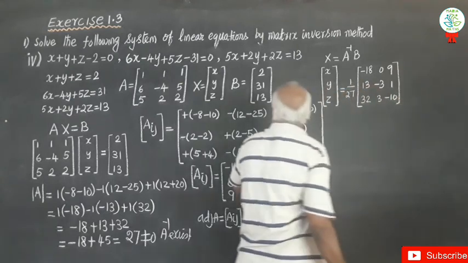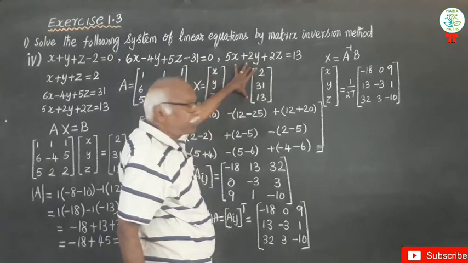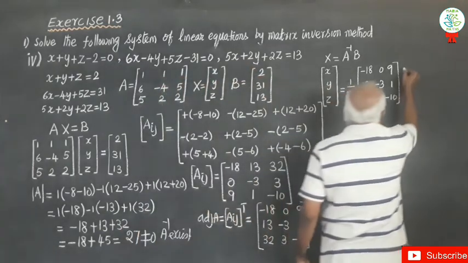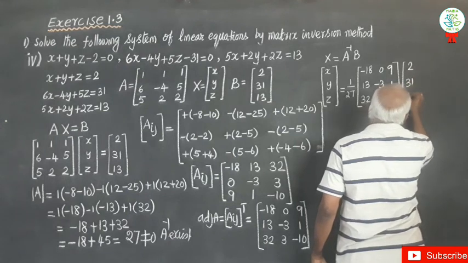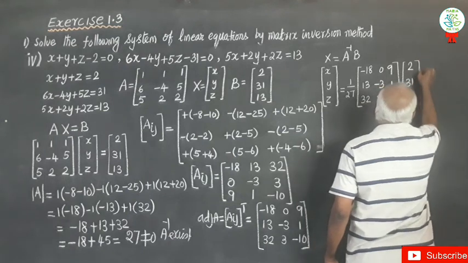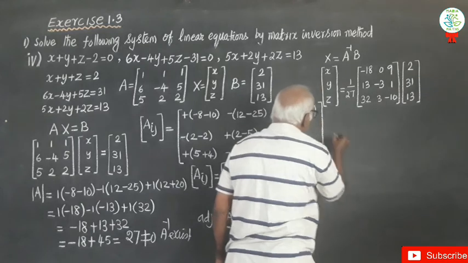Then multiply by the constant matrix 2, 31, 13.